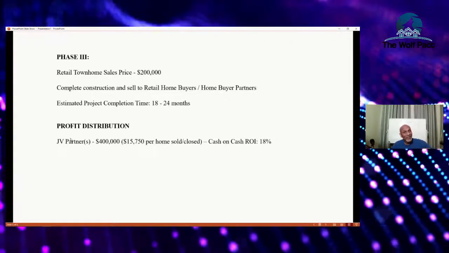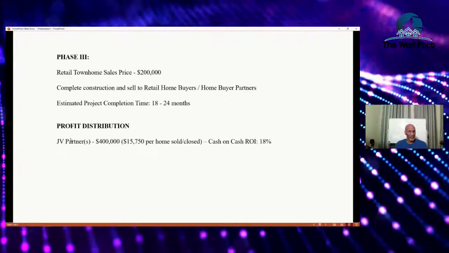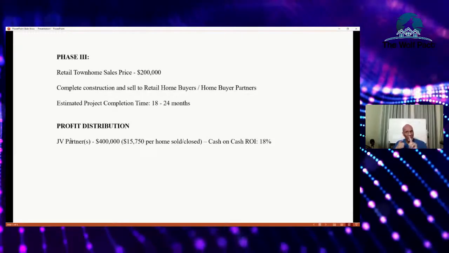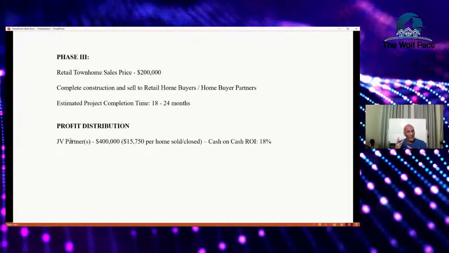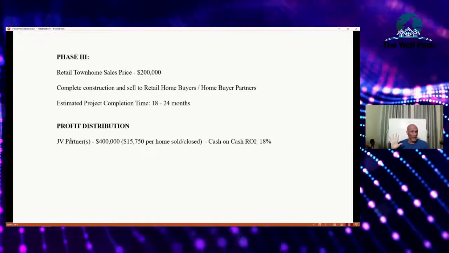and we made opportunities available for every member type within the Wolfpack. And we know there are 5 of them: deal architect, wholesale, mortgage ready landlord, JV partner, and the home buyer partner.